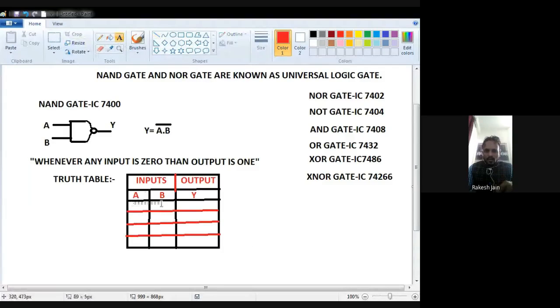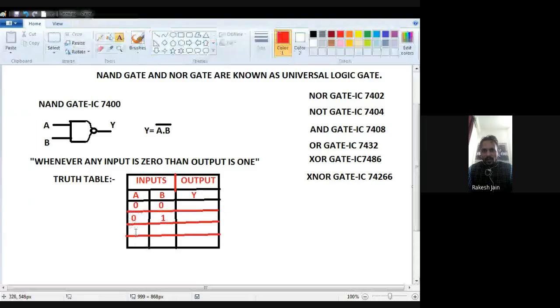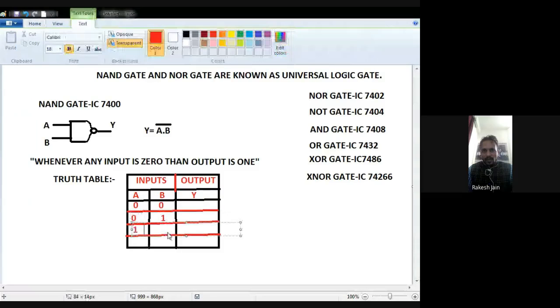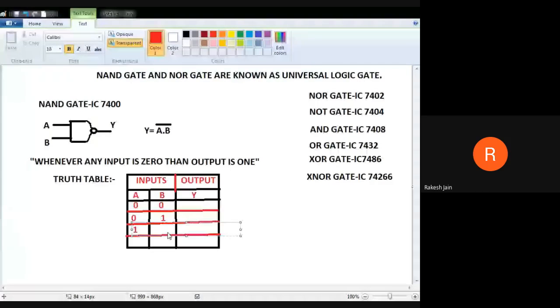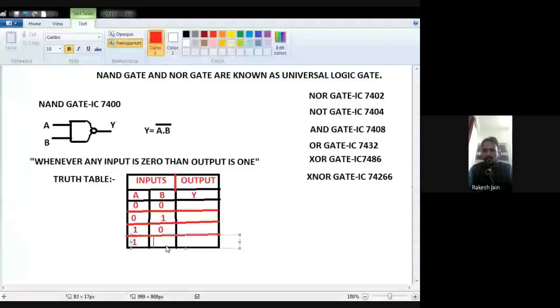Let's suppose first is 0, second is 0. First is 0 but second is 1. First is 1, second is 0, or the last one, both are 1 1. These four possible combinations are there.